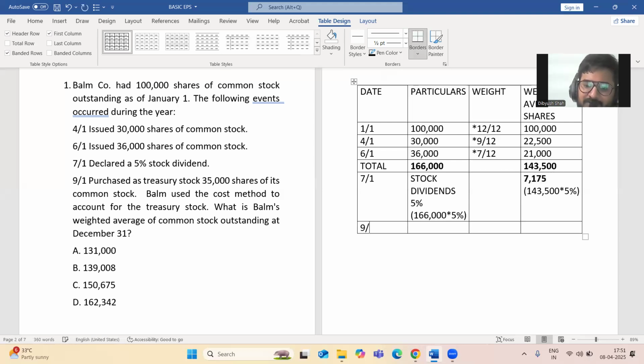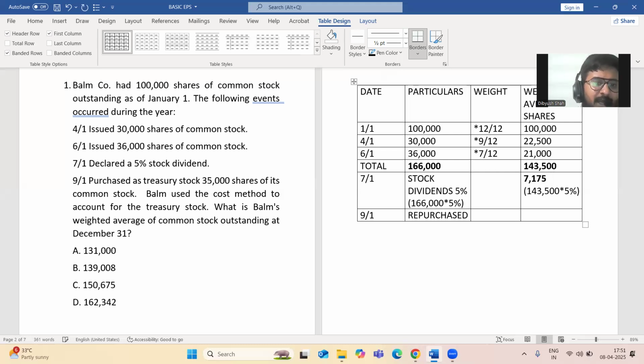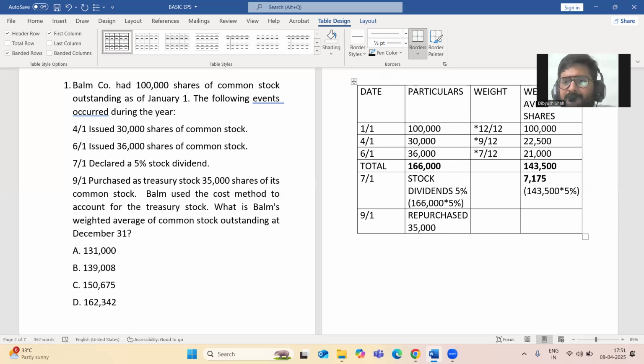Then on 1st of September, you repurchased, that is, a buyback. How many shares? 35,000. Now these shares were bought back on 1st September, meaning they were outstanding for 8 months of the year, January to August. They were not outstanding for 4 months: September, October, November, December.